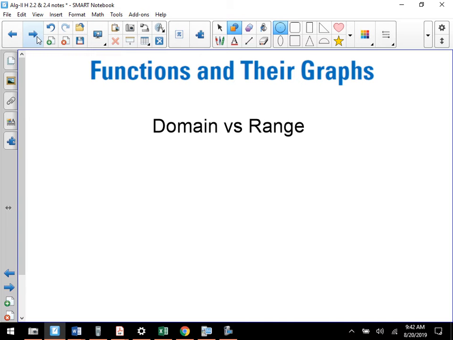Domain and range. Which one's which? Do you remember? Domain are the X values that you put in, and range are the Y values that you get out. Very good. Input, output. Again, think of it this way. What comes first in the alphabet, domain or range?